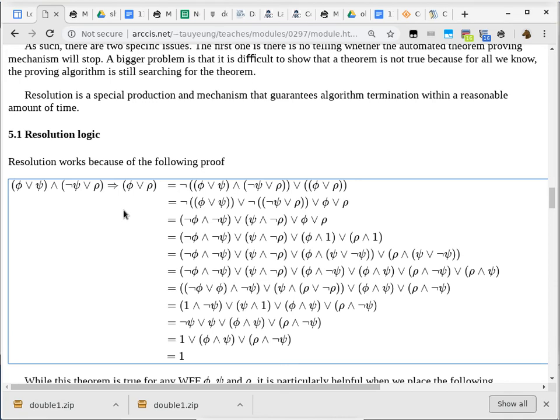There might be other ones that can do it. But the nice thing about resolution is it depends on conjunctive normal form, because once you have the CNF, it becomes easy to spot these things. Conjunctive normal form is really nice too, because any Boolean expression can be transformed into a CNF.